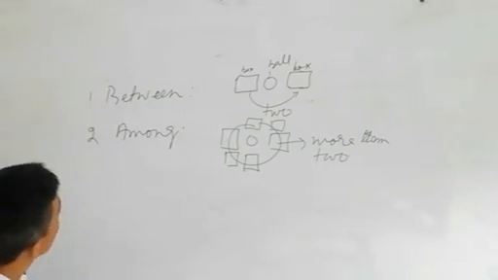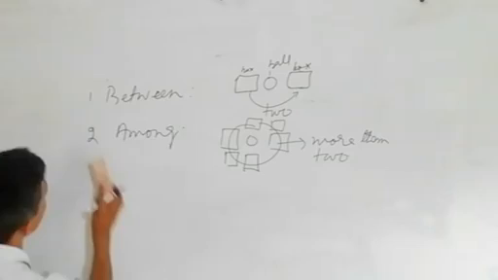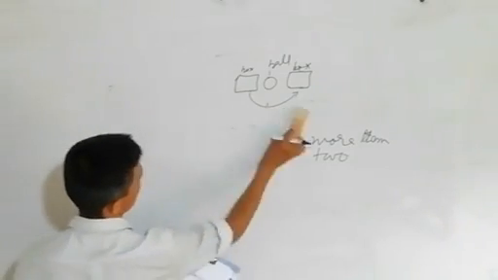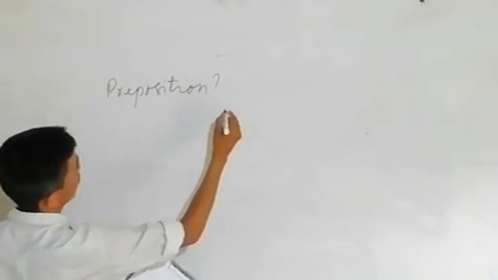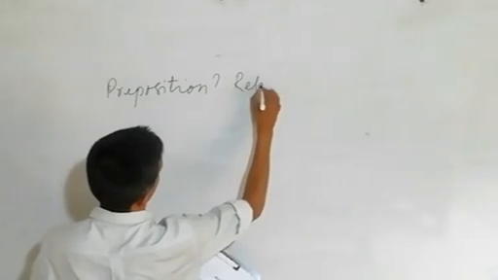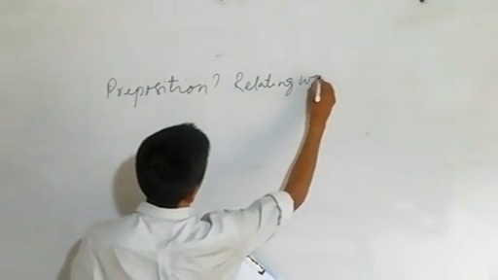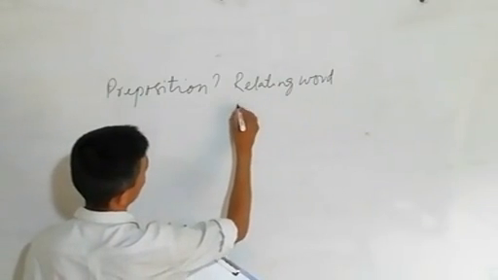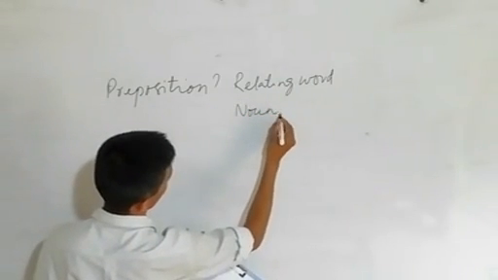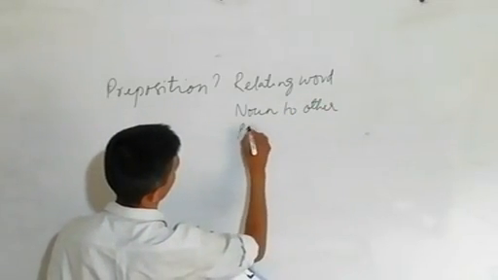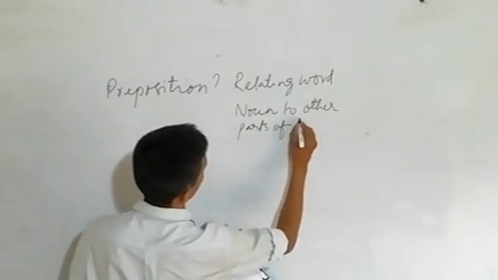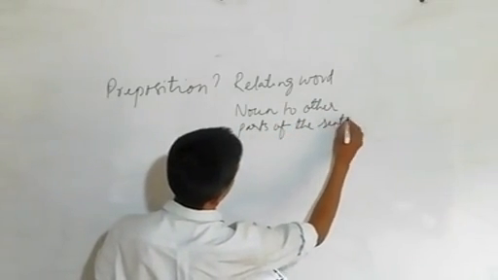But before we wind up, I would like to once again summarize what we have done today. First, today we talked about what a preposition is. There I talked about relating words, words relating a noun to other parts of the sentence.